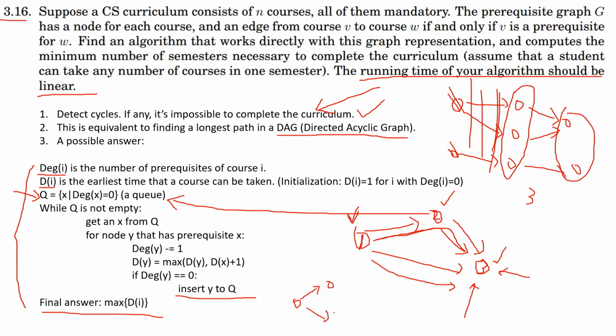First you have this. So for example, you write a while there are still courses, then for all the nodes you check whether it has any prerequisite or not. And if you do this, then it's definitely not linear time.